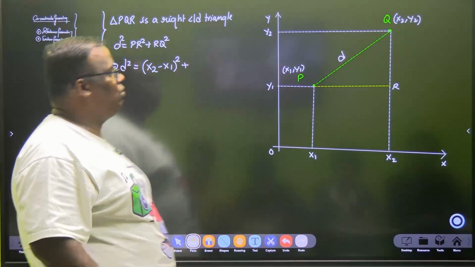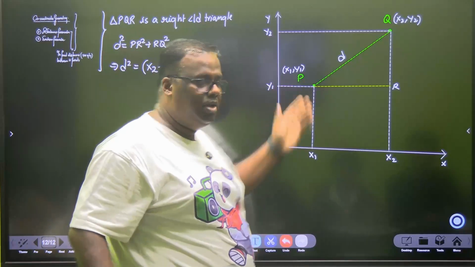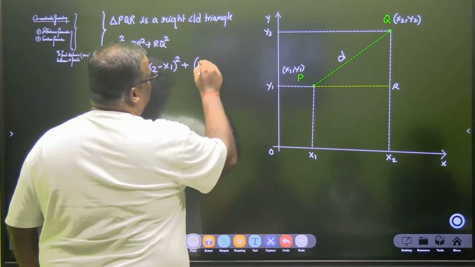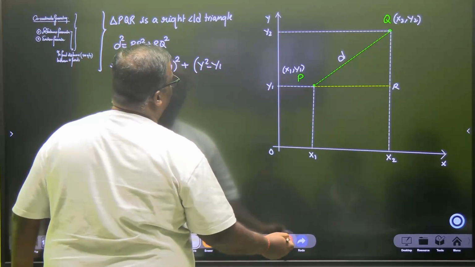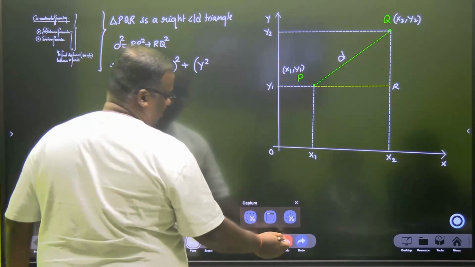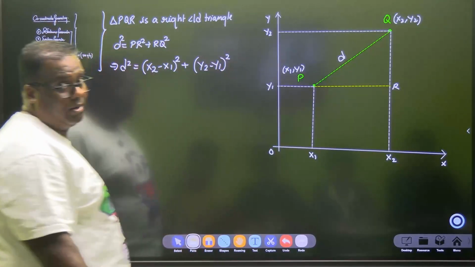Similarly, I also need to find out RQ. So it will be Y2 minus Y1, whole square. Correct?